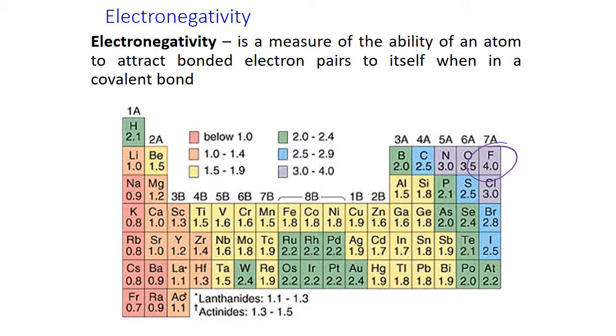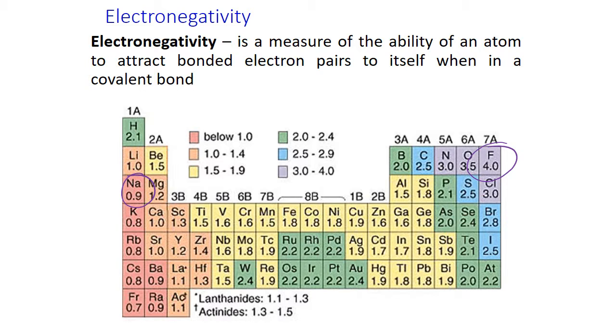So it's easy for fluorine to grab an electron from a neighboring atom in a covalent bond. Whereas something like sodium, being a metal, wants to get rid of its electron, not get one. So it wants to give away its electron, so it has lower affinity. It only has an electronegativity of 0.9.